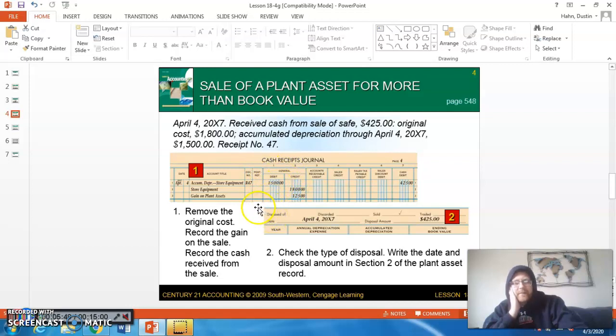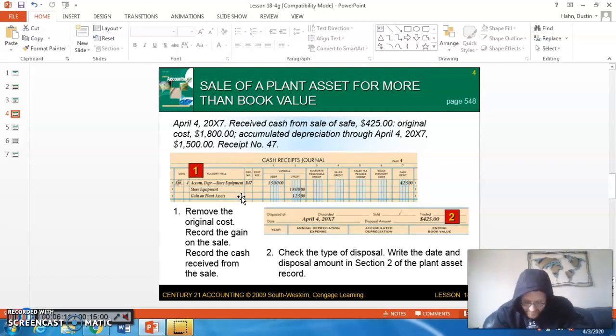Now we have to figure out if we made money or we lost money. If you flip to page 548 in your book, how do we know if it's a gain or a loss on your asset? You have to look at the book value.